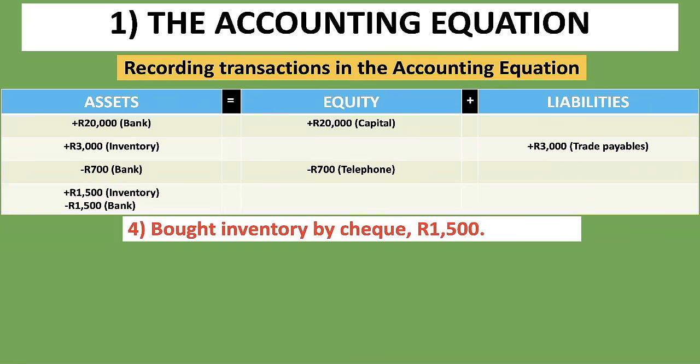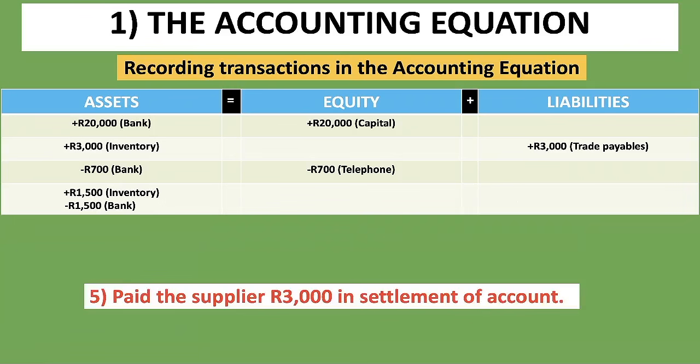We have plus 1,500 Rand for inventory because inventory is coming into our business, but we have minus 1,500 Rand for bank because money is leaving our business, so it's leaving our bank account because we're paying for that inventory. And you can see our assets still equals equity plus liabilities because under assets we have plus 1,500 minus 1,500, which makes it 0, and under equity there is 0, and under liabilities there is 0 for this particular transaction.